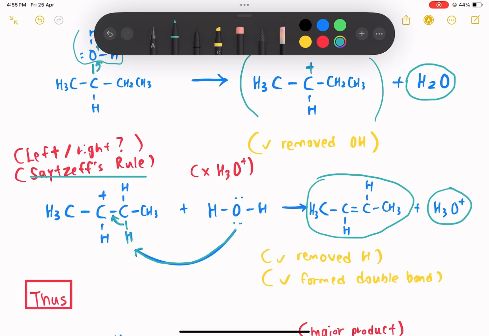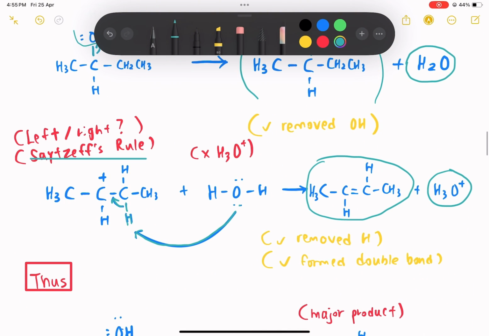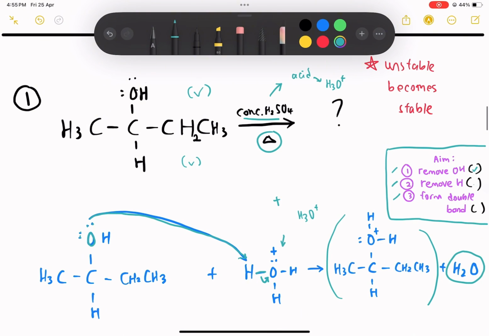So the second aim, which is to remove H, this step is shown by this one, remove H, and then third one is the formation of double bond. So once all the steps are completed, all the aims are achieved, this means that the mechanism is ended.